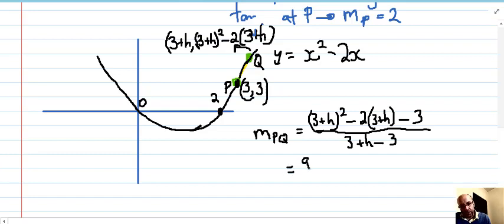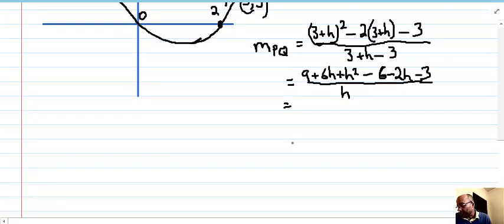Expanding the first set of brackets on the numerator, we have 9 plus 6h plus h squared minus 6 minus 2h minus 3, over h. Simplify, we get 4h plus h squared over h, and dividing through we get 4 plus h.